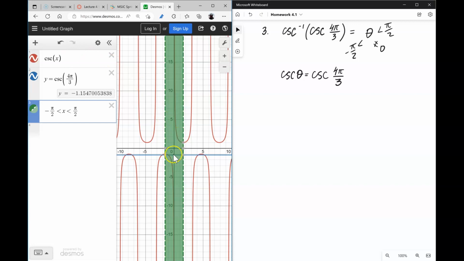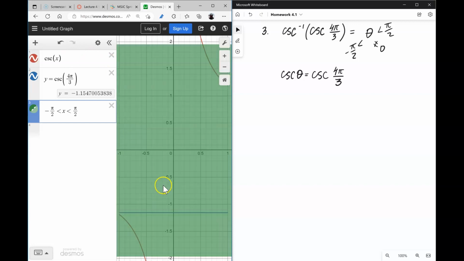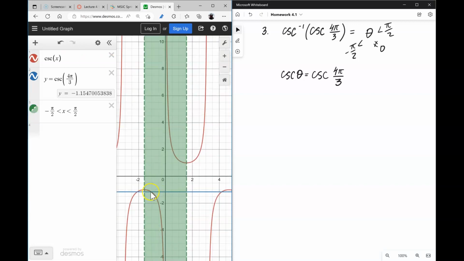And the question is, for which value in this range the cosecant is equal to the cosecant of 4 pi over 3. And you can see that it's negative pi over 3. So this is the answer.